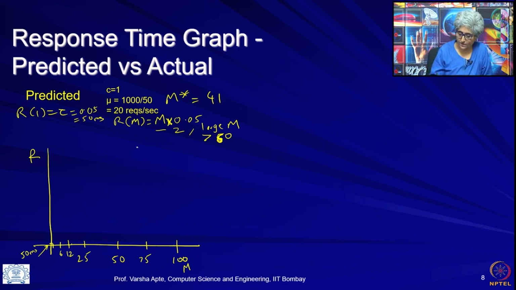So, if it is milliseconds, then R of 60 is going to be 60 multiplied by 50 milliseconds minus 2000. So, this is actually 3000 minus 2000, so 1000 milliseconds. So, at 60, let us say this is 1000 and that is what this value is going to be.